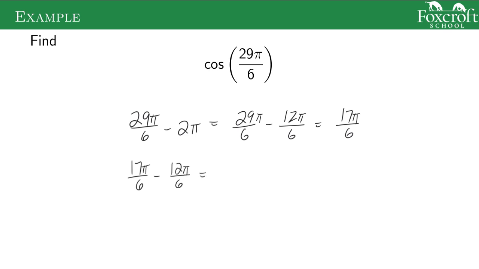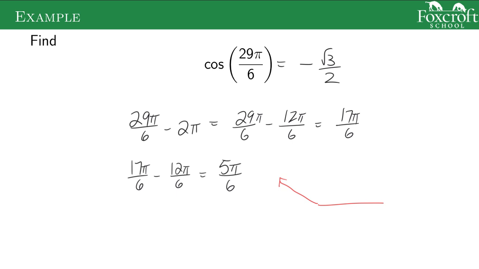And 17 minus 12 is 5 pi over 6. 5 pi over 6 is one less than the bottom, so I know that's in quadrant 2, which means my cosine is going to be negative, and the answer is negative square root of 3 over 2.